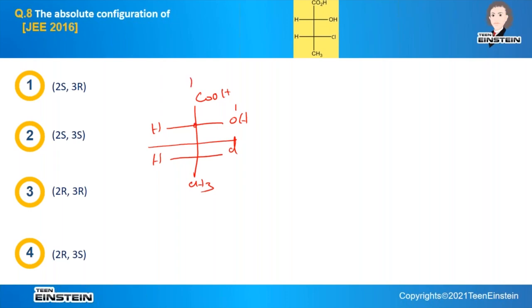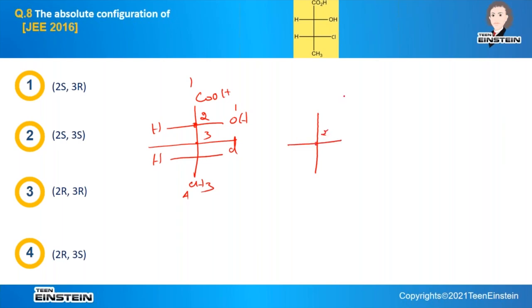This carbon is 1. This is 2. This is 3. And this is fourth carbon atom. So first we give the priority to carbon 2. So we want to find the configuration, that is RS configuration. So first we take the carbon 2.